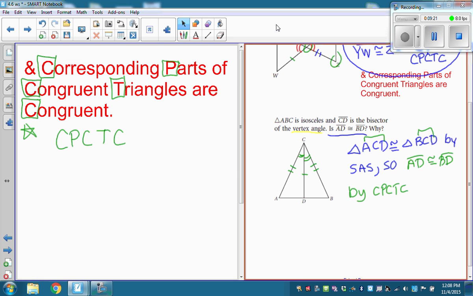So right now you're trying to just answer the question that they ask and not assume anything, and assume that the person you're writing for knows nothing. It's like a clean slate. Well, they know the definition of isosceles, but you're not going to jump to any conclusions. If you start jumping to conclusions, you're not going to be doing a proof.